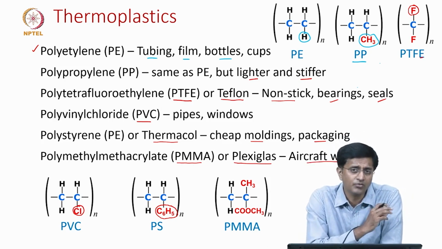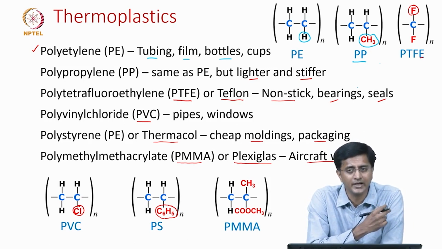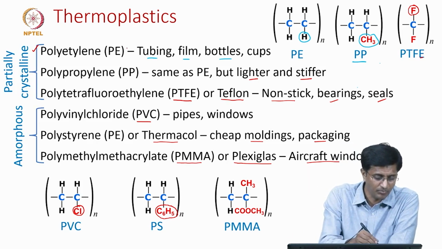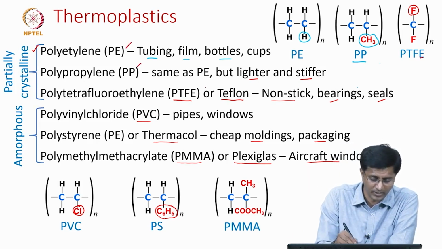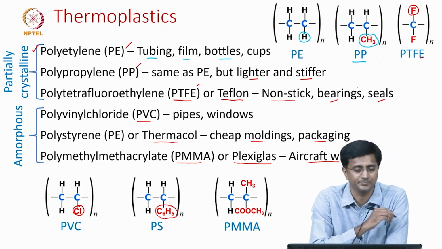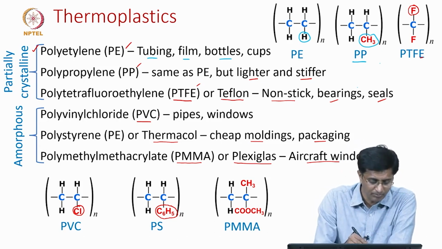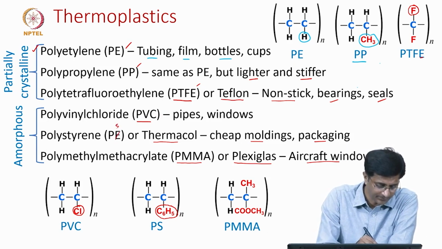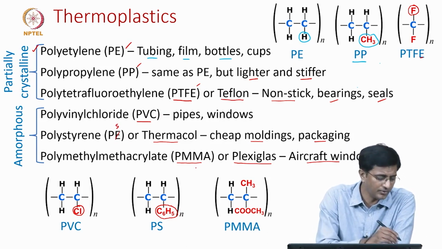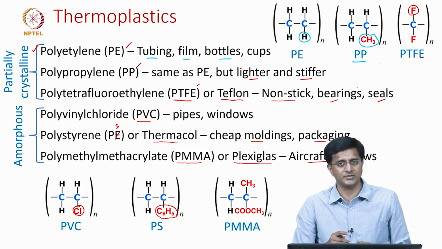So if we recall from the previous slide, we were discussing partially crystalline and amorphous. We noticed that the first three, polyethylene, polypropylene and PTFE, fall into the category of partially crystalline, whereas PVC, polystyrene, sorry this should be S, polystyrene and PMMA, fall into the amorphous thermoplastics.